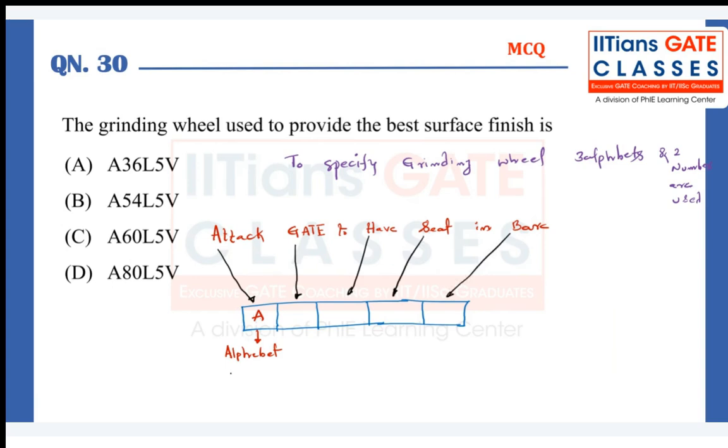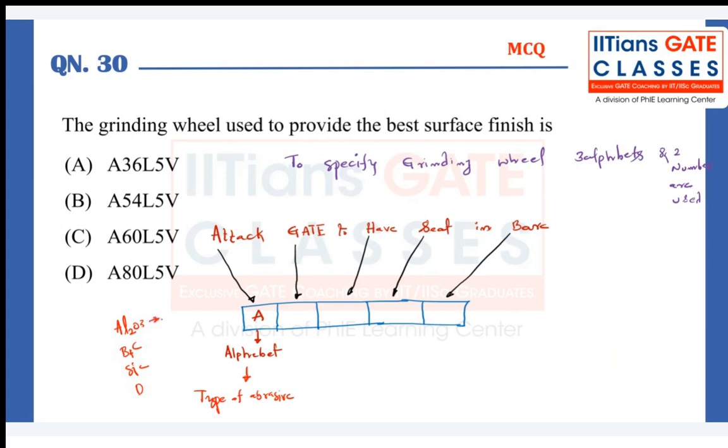Now it indicates the type of abrasive particle used in the grinding wheel. What type of abrasive particles are used? Generally we use Al2O3, B4C (boron carbide), silicon carbide, and diamond particles. These small abrasive particles are used.